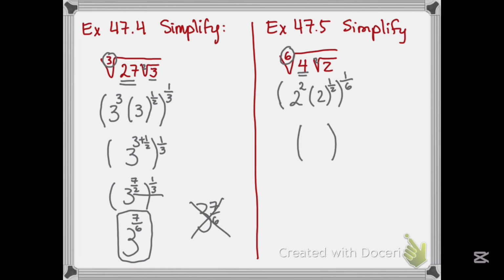Now we're going to add the exponents. So it's 2 plus 1/2. And the 1/6 stays outside. When we add that, it's 5/2. And then 1/6. Now we're going to multiply these two. And that is going to be 5/12. And that's it. That's our answer.